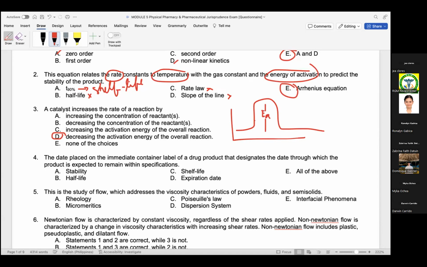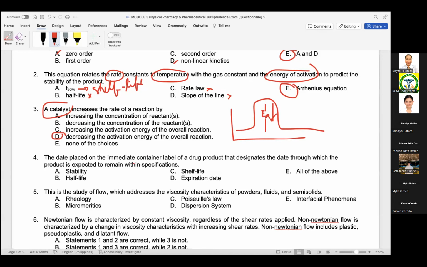Kailangan ma-reach itong energy na ito for the reaction to proceed, no? Para ma-turn mo yung reactant into product. Now, because of the help of catalyst, nare-reduce niya yung energy na yan. Pinapababa niya yan. So therefore, letter D.